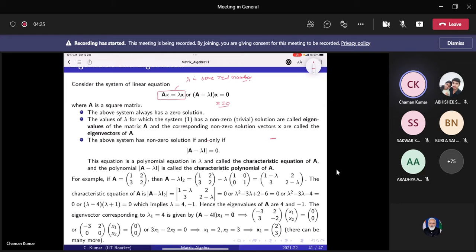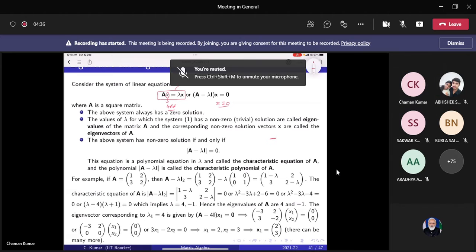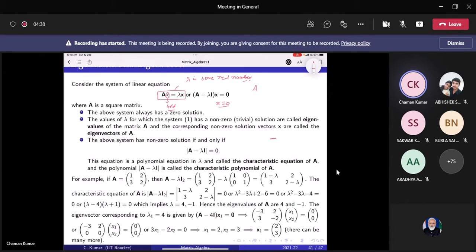So remember that everything is written in the matrix notation. I think this should be bold x. This should be bold x. So you have a matrix A which is of order n cross n. You have a vector x which is of order n cross 1.